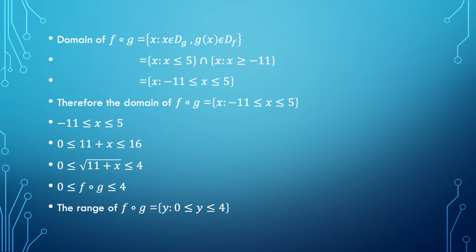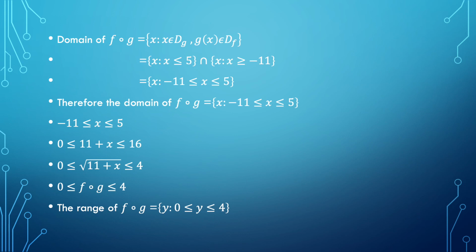So finally we have the domain of the composite function f of g equal to the set of x such that x is greater than or equal to -11 and less than or equal to 5.